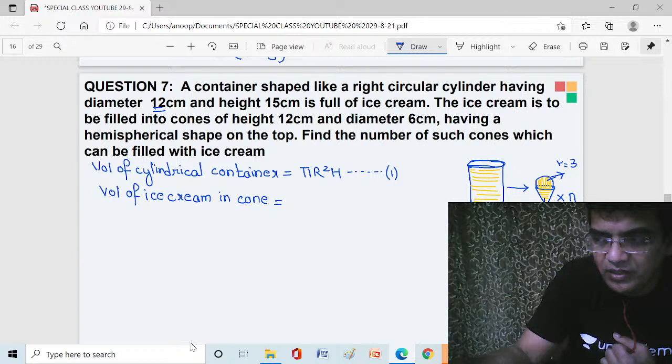Right. So this is your second one. Now this is in a cone. Now this won't be the second one because this is of one ice cream cone only. And we have how many ice cream cones? So we are going to write the volume of n ice cream cones.